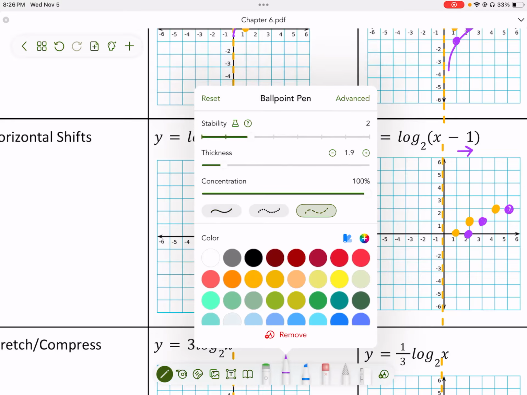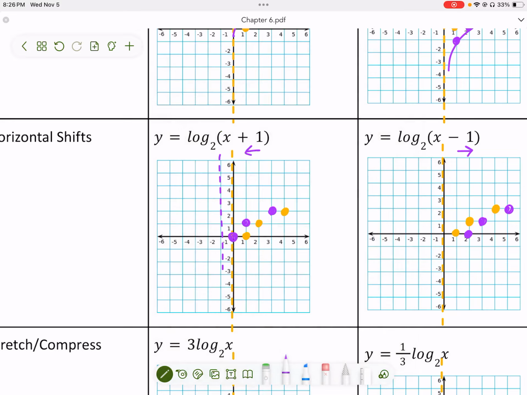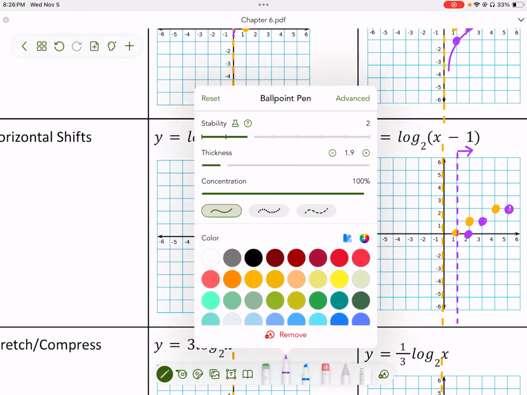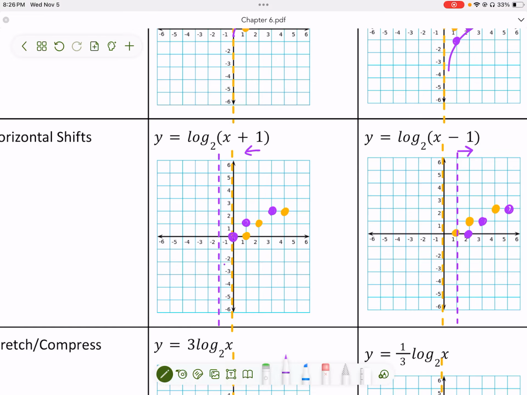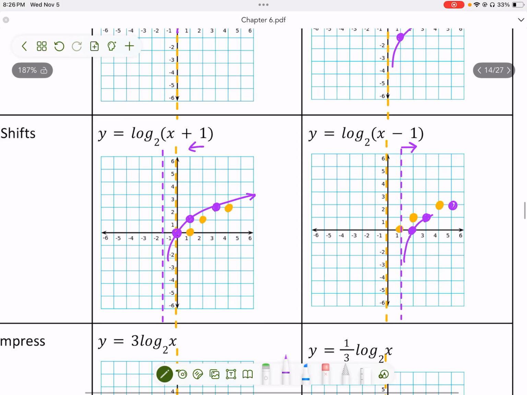Let me switch to my dashed line. Oh, that -1 tells you where that asymptote's going to be. +1 tells you where the asymptote's going to be. It is important to graph it on a quiz or an exam because it really cannot touch that curve. So if you're graphing something and it's like this, that is wrong, right? That asymptote is a barrier.